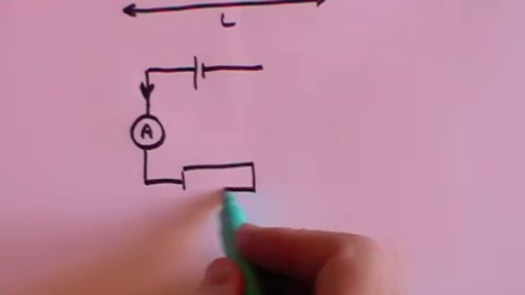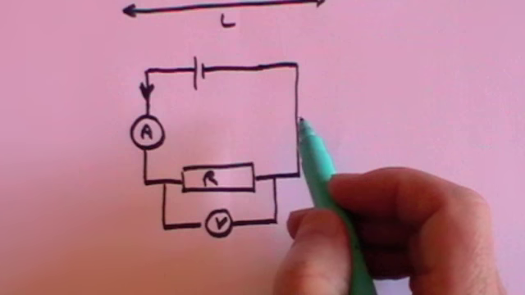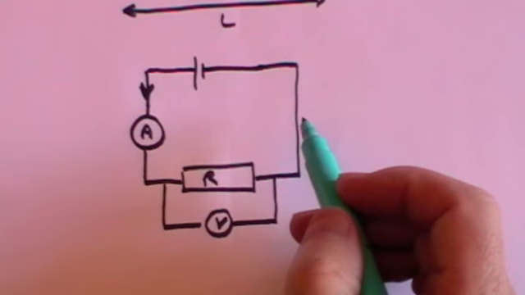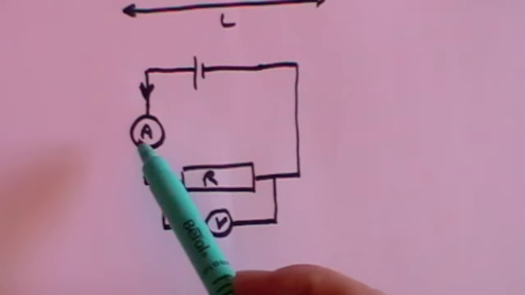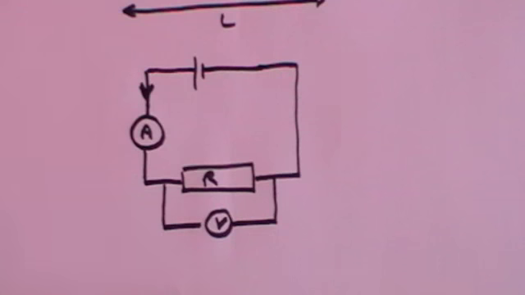It's no use putting the voltmeter up here because that isn't measuring anything. Well, it will measure something, but not what you want. You want to measure the voltage across the resistance because the current is going through the resistance, and you want to know what the voltage across that resistance is. So that's a good circuit for measuring the voltage across the resistance and the current flowing through the resistance.